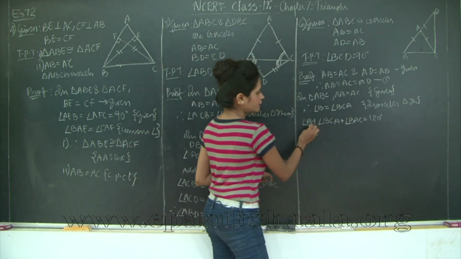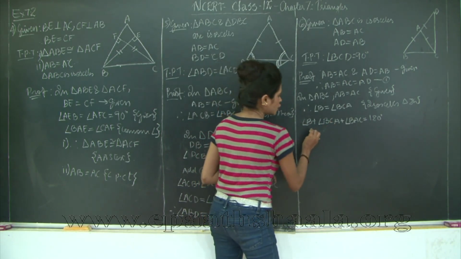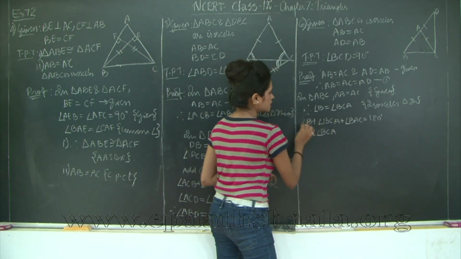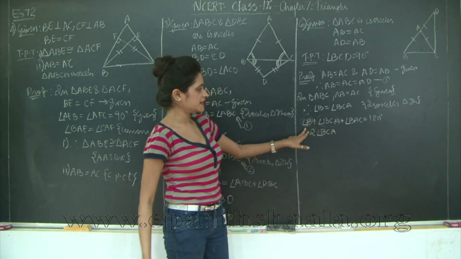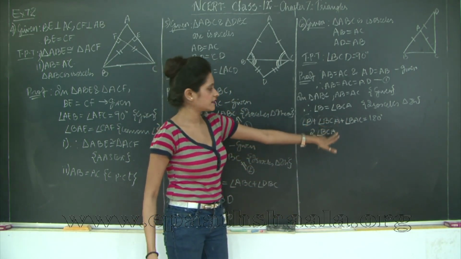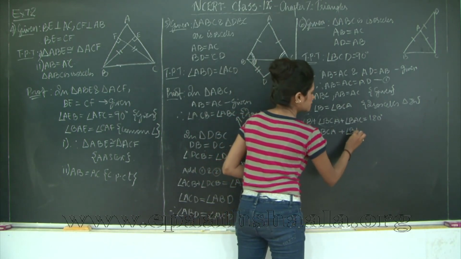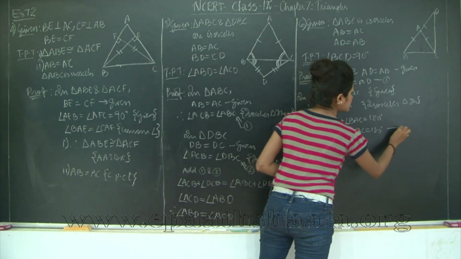So instead of B, I can write BCA. So this statement will become 2BCA, because these two are equal. So BCA plus BCA will give me 2BCA plus angle BAC is equal to 180 degrees. I will mark this as 2.